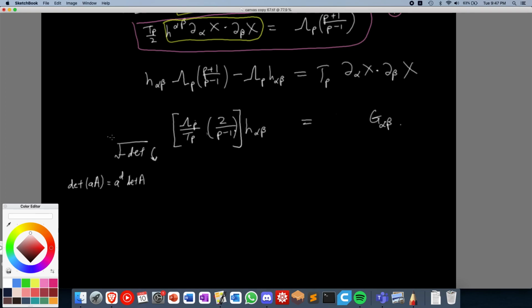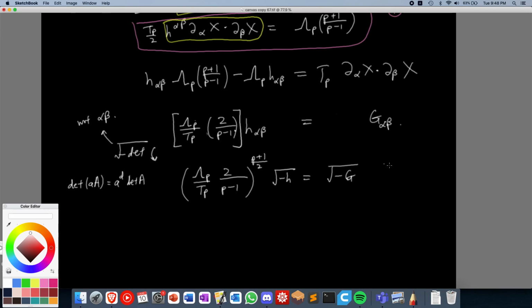So we take the determinant with respect to the alpha and betas. We can think of alpha and betas as a matrix, and the h and the g are sort of like a matrix. And then we get this 2 over p minus 1, this thing to the power of the dimensions, which is p plus 1, and then we take the square root, so that's p plus 1 over 2, and then minus determinant of h equals square root minus determinant of g.